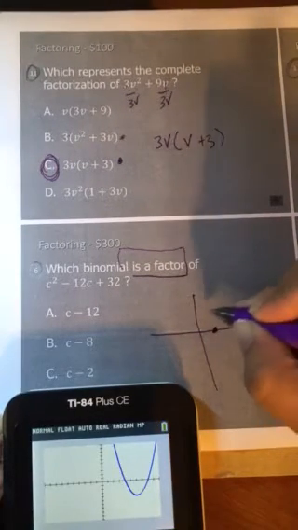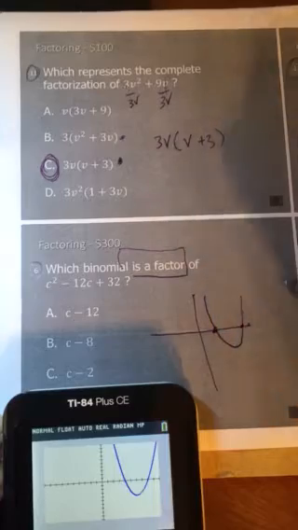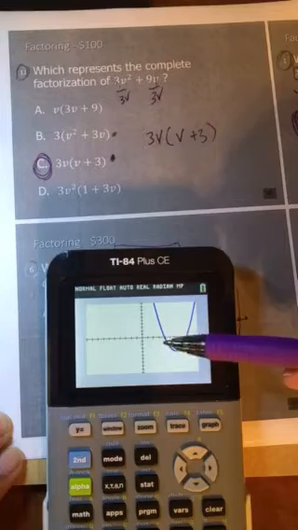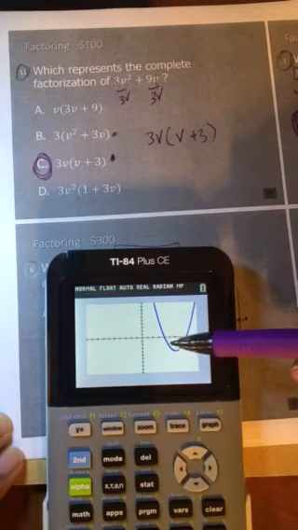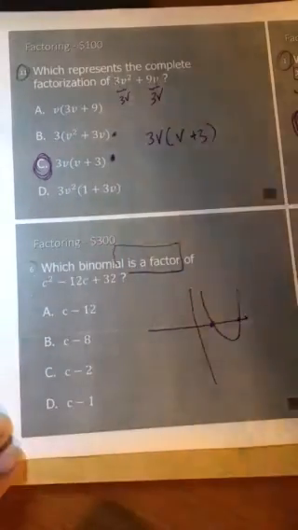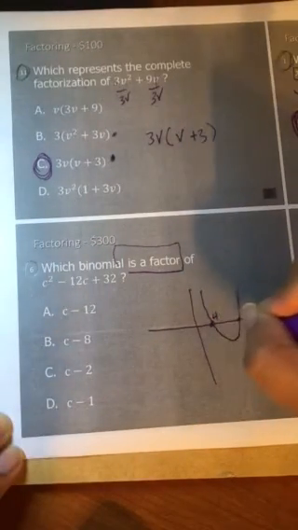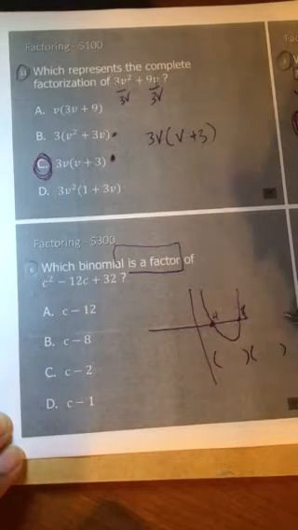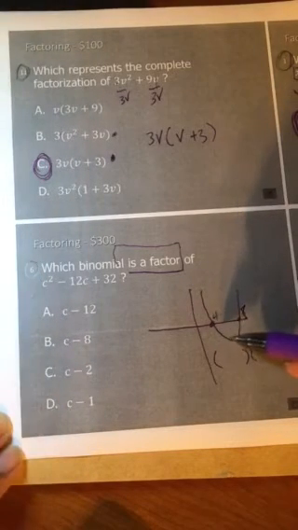It touches the graph here and here. Well, what are those two numbers? That's 1, 2, 3, 4. So it touches at 4, 5, 6, 7, 8. So it touches at 4 and 8. I don't know if y'all remember, but this is where I told you you're going to change the sign.